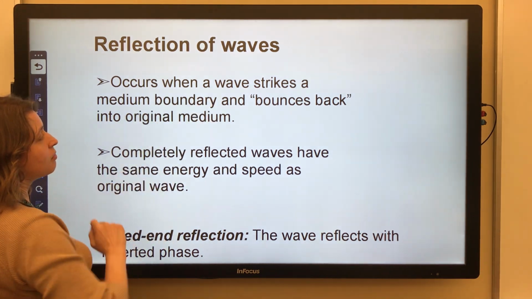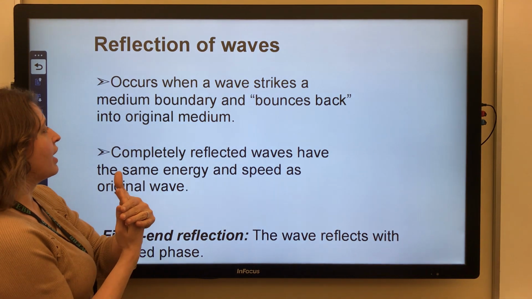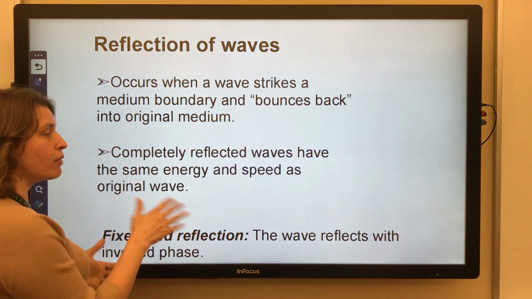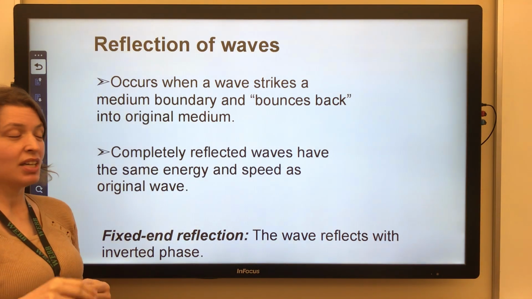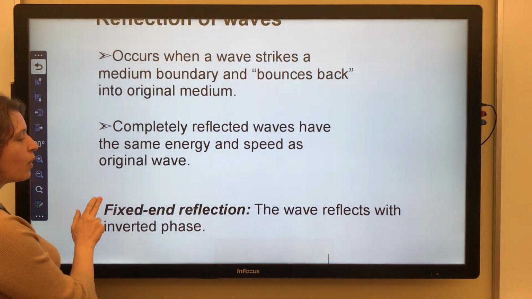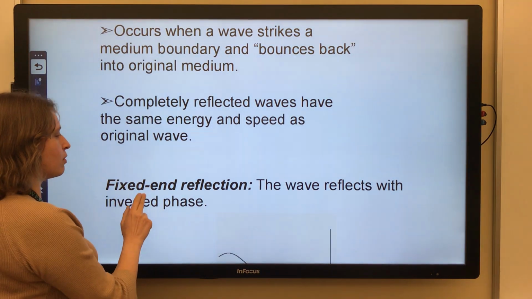When a wave strikes a medium boundary, so it hits the end of a medium, it can bounce back into the original medium. Completely reflected waves should have the same energy and the same speed as the original wave. But here's one weird thing that happens when you have a fixed end reflection.